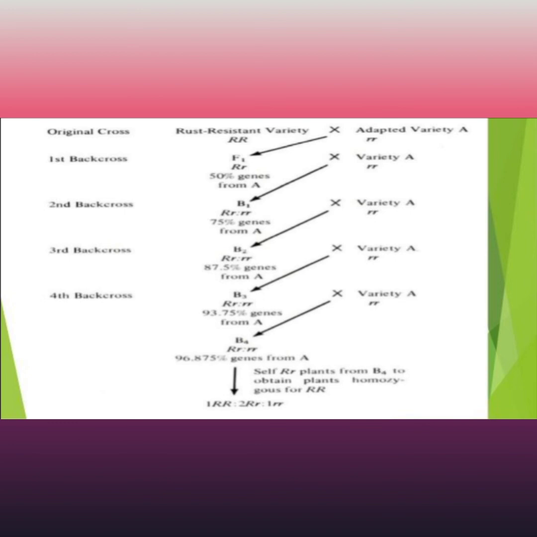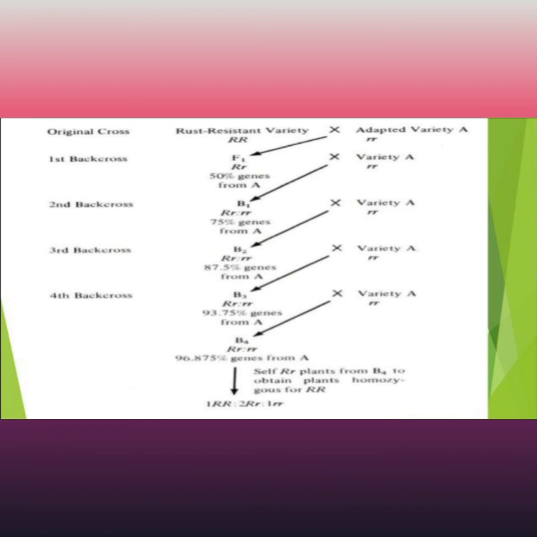Let's see in this figure that clearly indicates the backcross method: the rust resistant variety RR and the adapted variety rr are crossed, and the F1 is heterozygous Rr. It is crossed with the recessive parent rr.